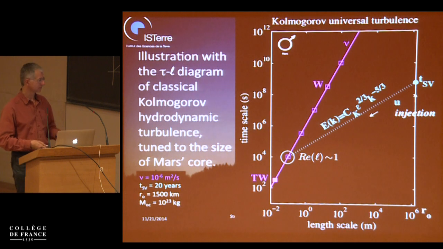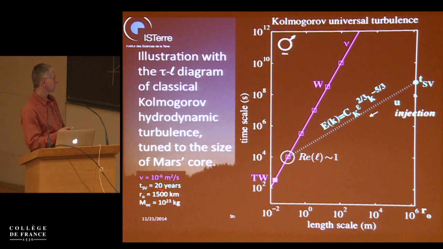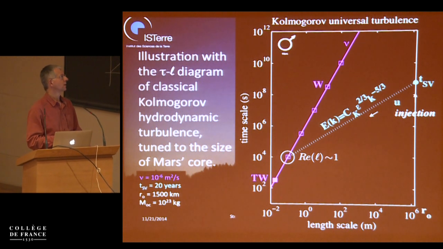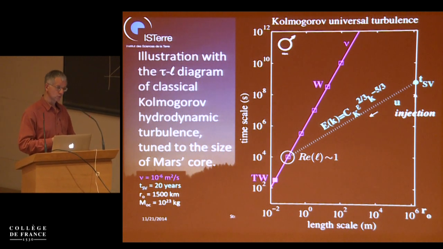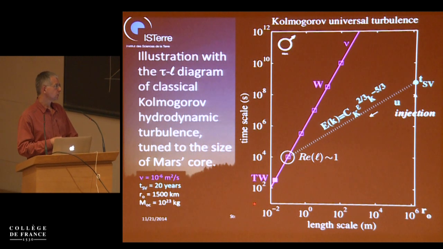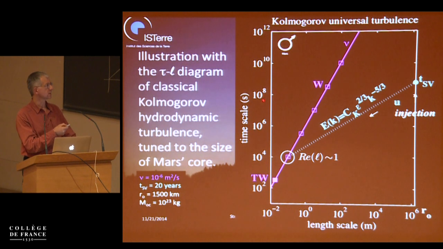I mean, I hope it's not too wrong. So I've taken here a radius for the Mars core of 1,500 kilometers, just to play with that. And this is this TOL diagram I'll be using all over the presentation. So what are we plotting here? Typical time scale in seconds, from 100 seconds all the way to very long time scales of many years or centuries.